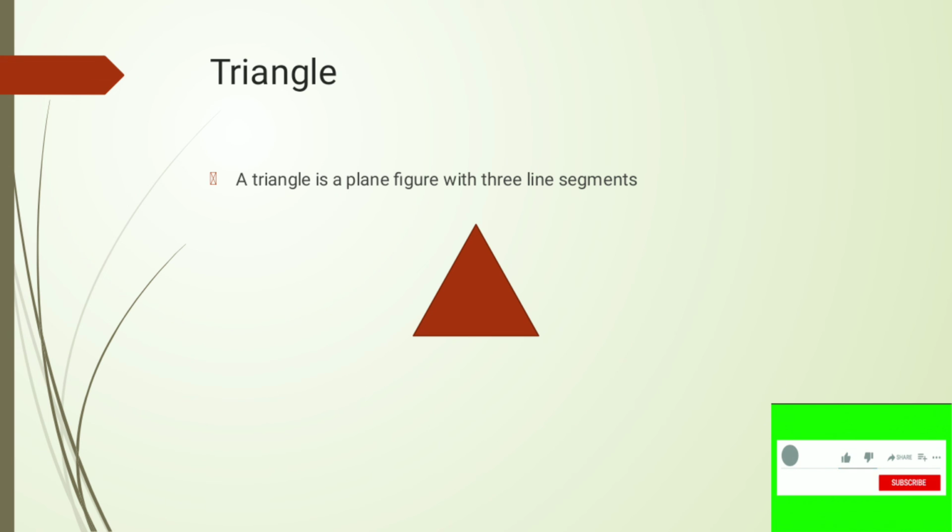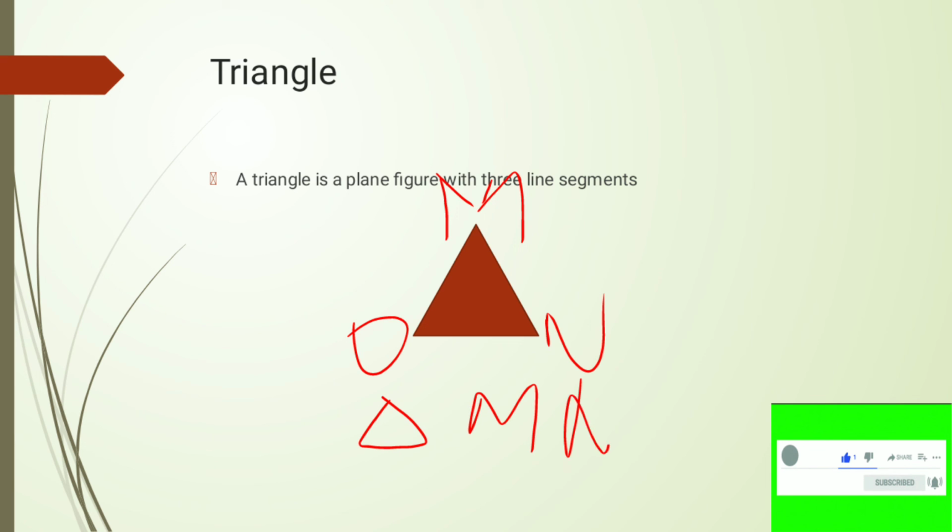So we use a symbol to represent a triangle. Which symbol? It's almost like a triangle, a small triangle. Suppose I give the name MNO to it. So triangle MNO is equal to 4 centimeters.